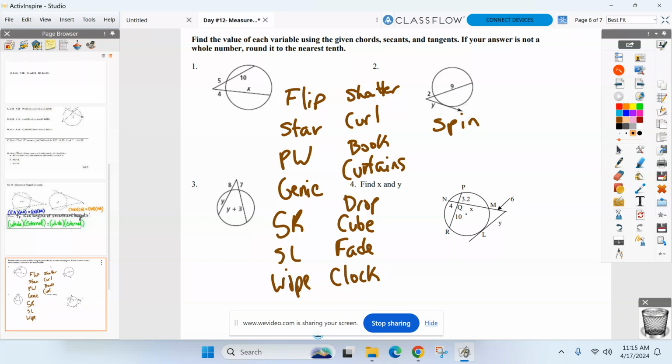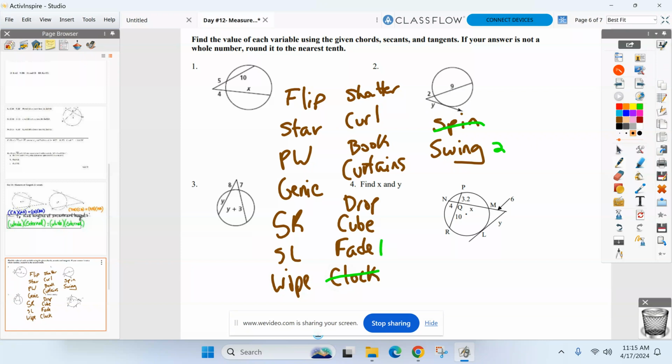Page girl. Swing. Anything we're missing? All right, let's roll. Swing. Spin. Clock. Fade.